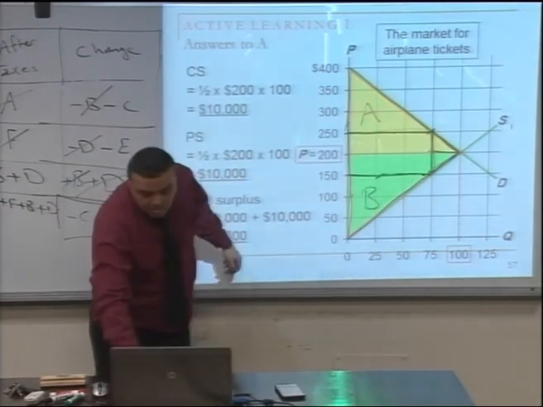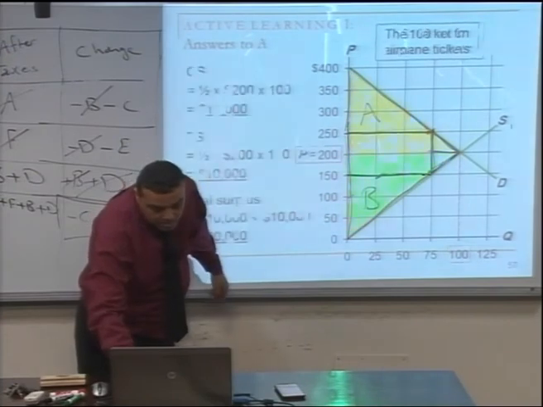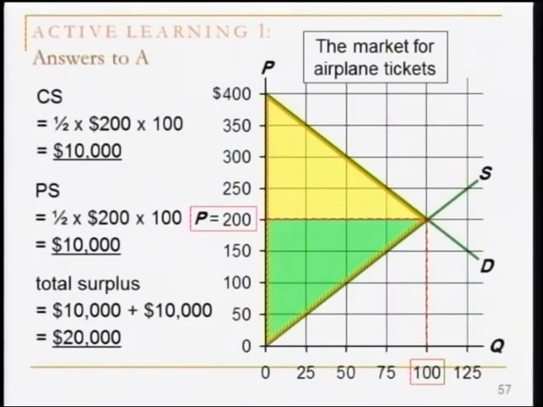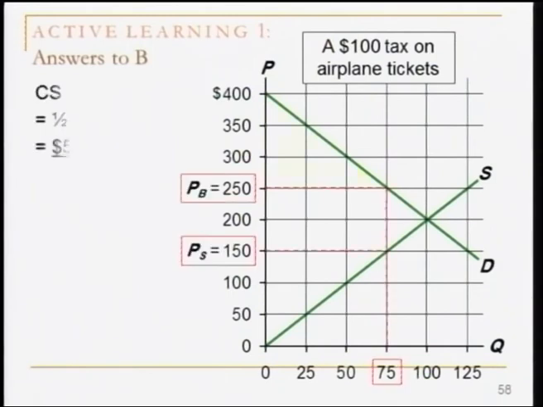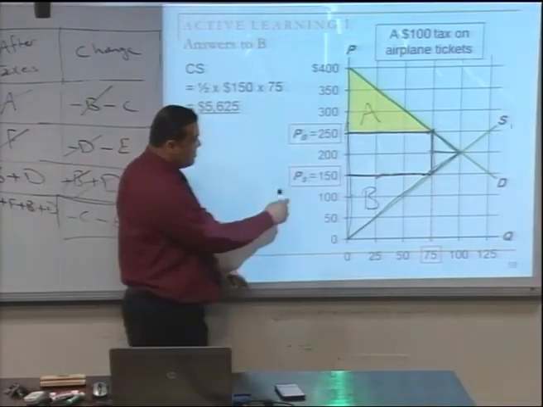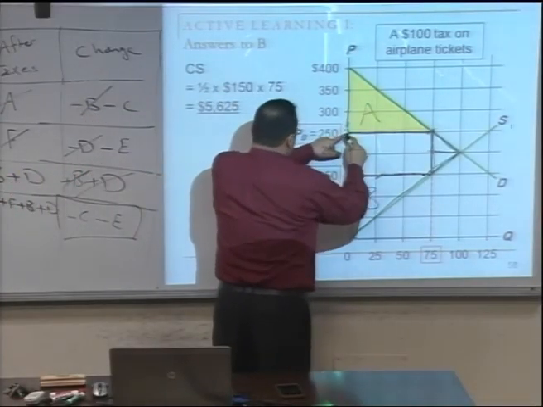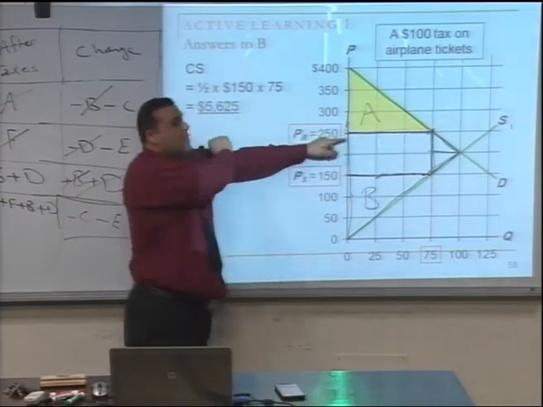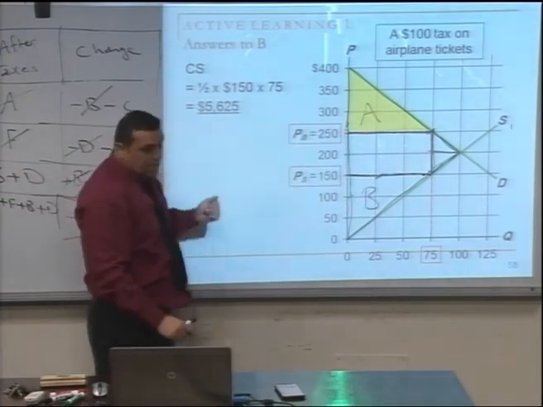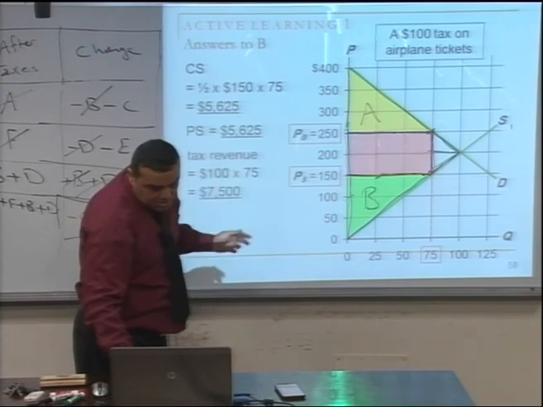Okay? Here we can see that the consumer surplus equals half times 150 times base 75 equals 5,625, and the producer surplus the same.